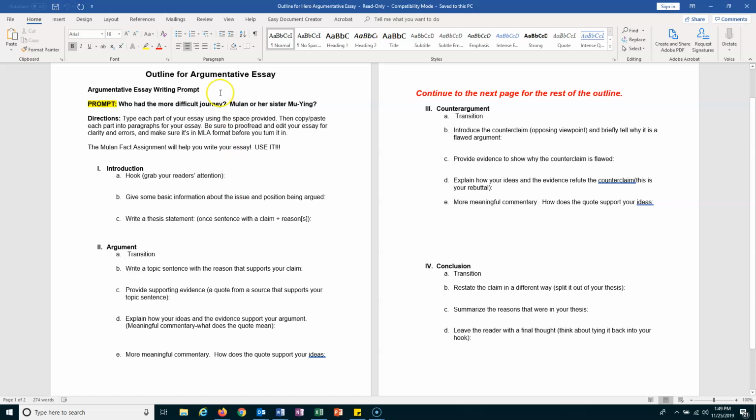So as you read the Ballad of Mulan and a retelling of the Ballad of Mulan, you're going to have to come up with who you feel had the more difficult journey. Was it Mulan or her sister Mu Ying? So your argumentative essay is going to be about which of the 2 had the most difficult journey.